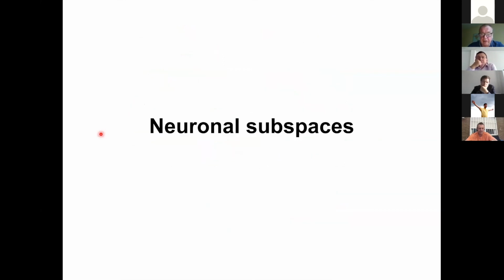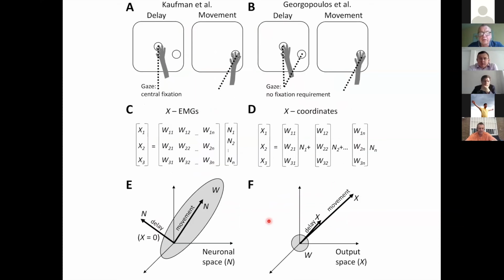And lastly, I will mention the neuronal subspaces idea, which also comes from the same group. What they did, they looked at a representation of movement by neurons during the movement and during the delay preceding movements.